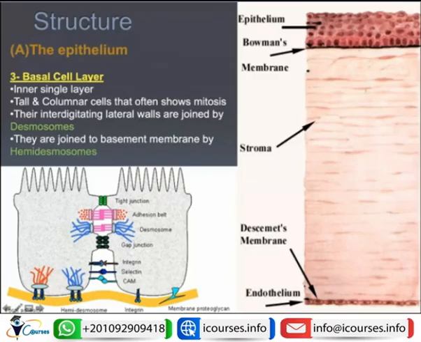Finally, the basal layer. This is a single layer of tall columnar cells resting on the basement membrane, and these tall columnar cells are joined together by desmosomes, while they are joined to the underlying basement membrane by another type of cell junction called hemidesmosomes.